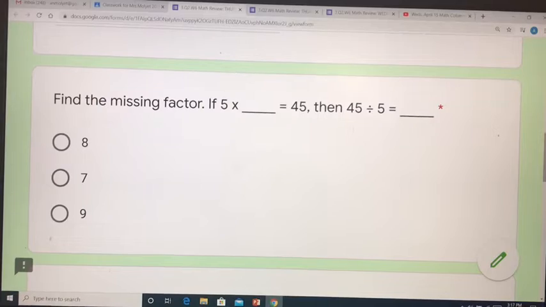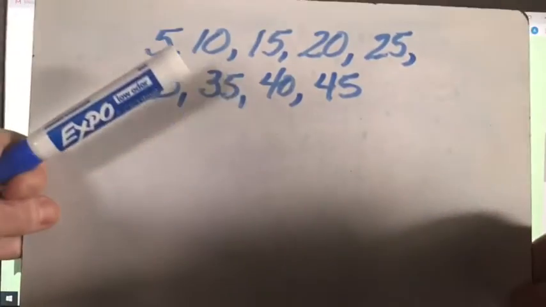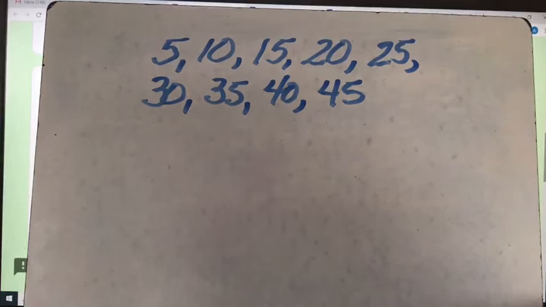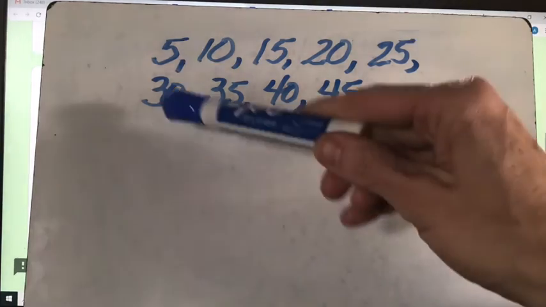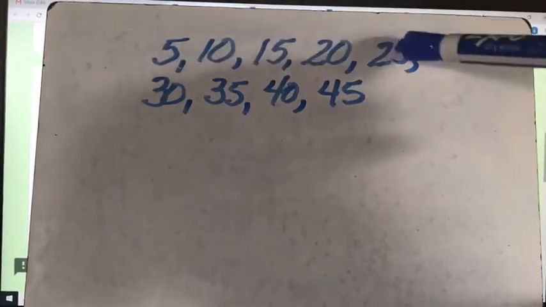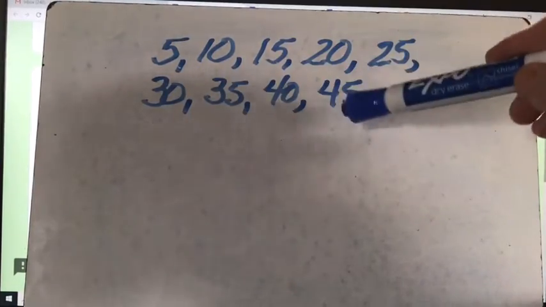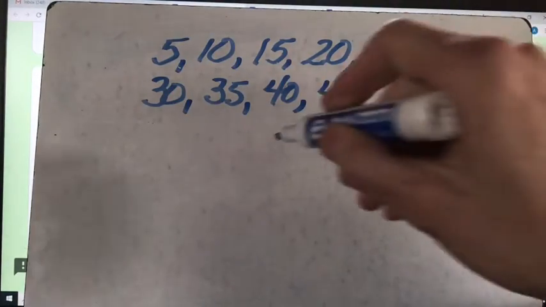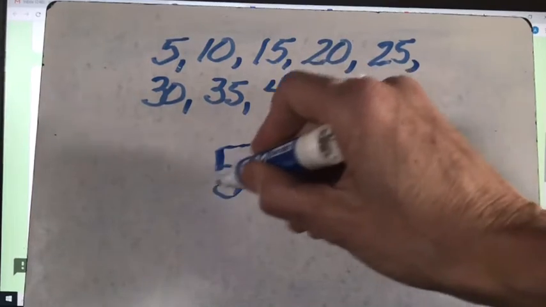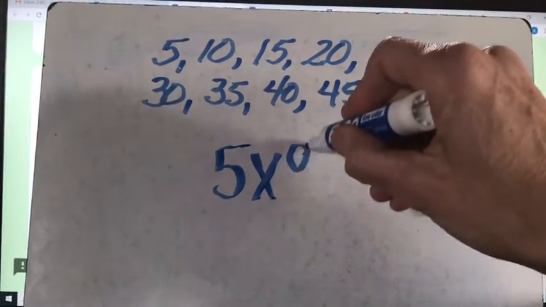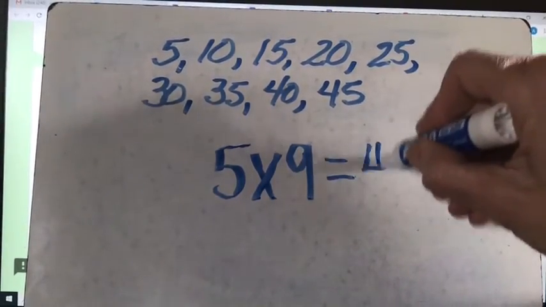So let's look at counting by 5s. When you count by 5s, we have 5, 10, 15, 20, 25, 30, 35, 40, 45. I have to get to 45. How many 5s is that? 1, 2, 3, 4, 5, 6, 7, 8, 9. So that tells us if I do the number 5 9 times, I'll get 45.